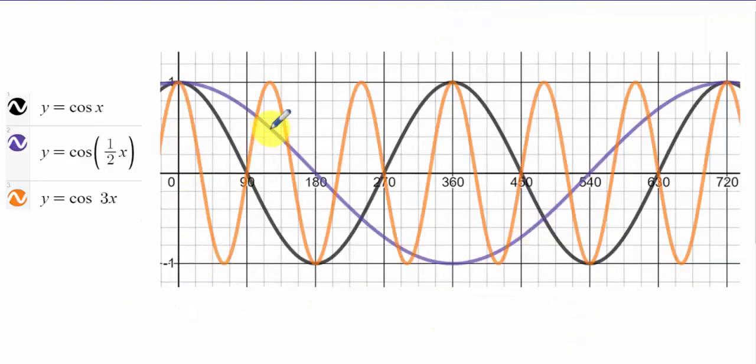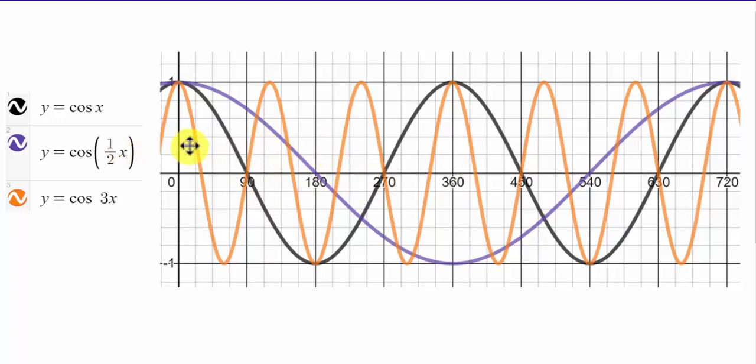And here's a little pictorial of what all three look like stacked upon each other. You'll see that in this orange graph, there are 1, 2, and 3 cycles in 360 degrees. All right.